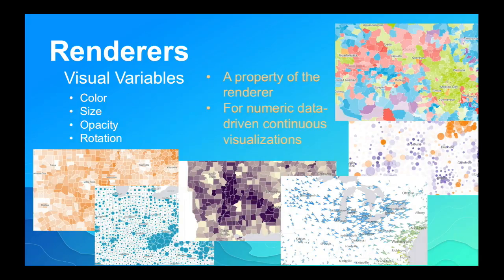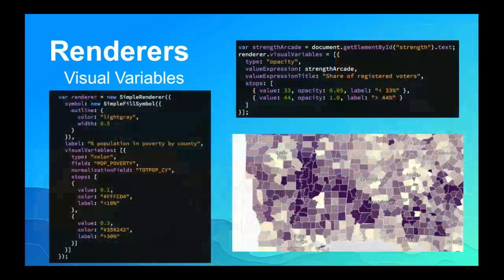It could be a continuous color ramp, which is the case of this image in the middle, this pale yellow color to the purple. Or it could be a size. So you have small icons going to big icons to indicate maybe a total count. You can even use opacity, rotation, and combinations of those as well. You just need to be aware that the more combinations you add, the more confusion you're going to add to your visualization. But maybe leave it on that one a second.